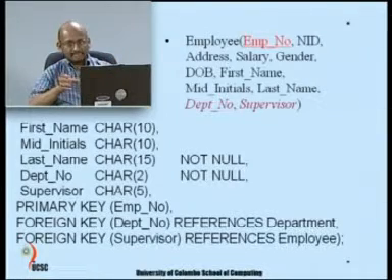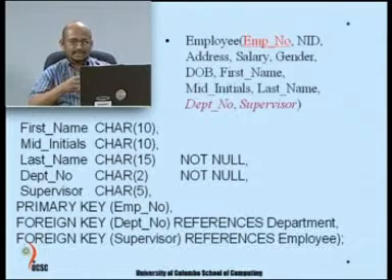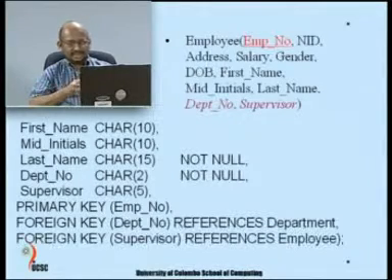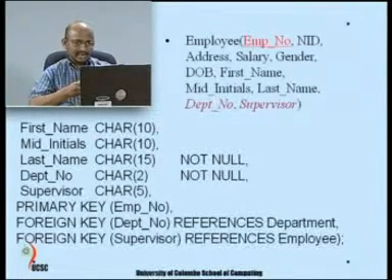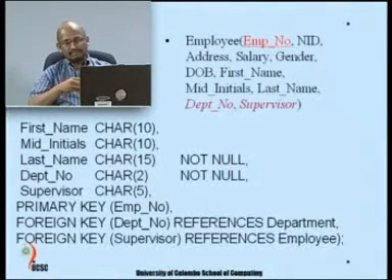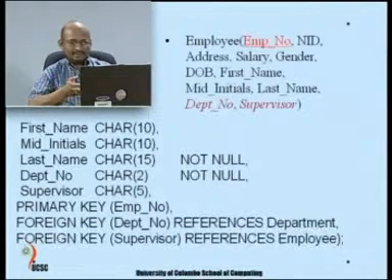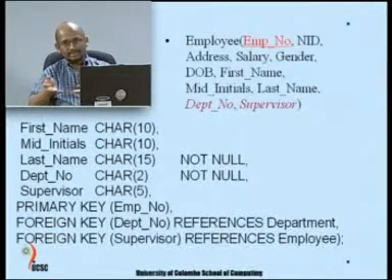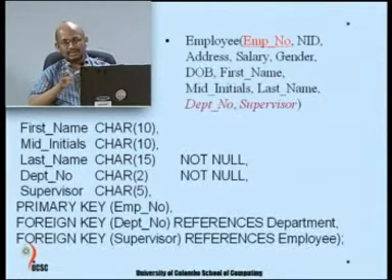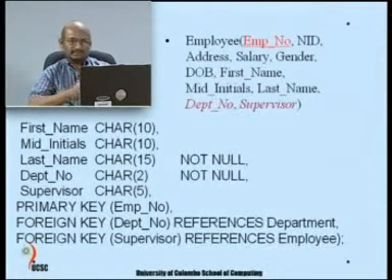So, the primary key keyword is used and within brackets the attribute associated with it, and for the foreign key we use the foreign key keyword, the attribute which is the foreign key, which in this case is department number, which is defined there, and you have to say which table it refers to. So, the department number should refer to the department table. So, that is what is defined: foreign key references department. References is the keyword used for that purpose.